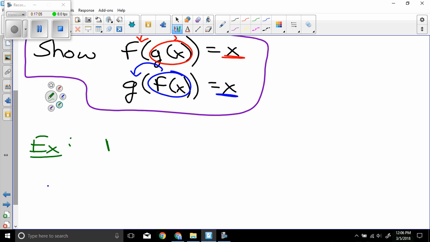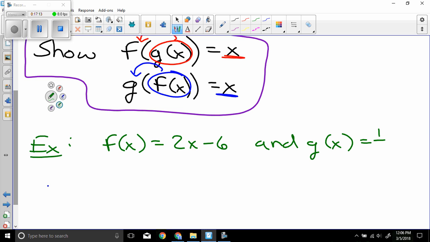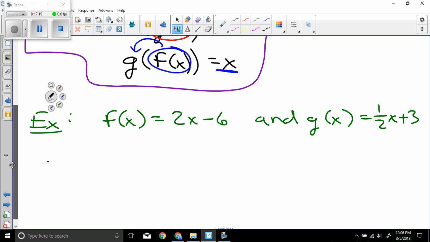Let's start with f of x equals 2x minus 6, and g of x equals 1/2 x plus 3. And my goal here is to verify f of x and g of x are inverses.